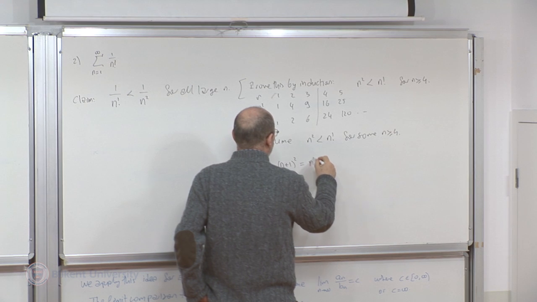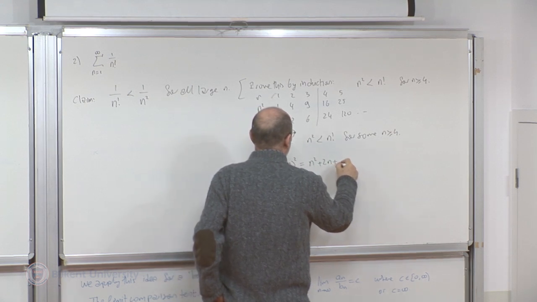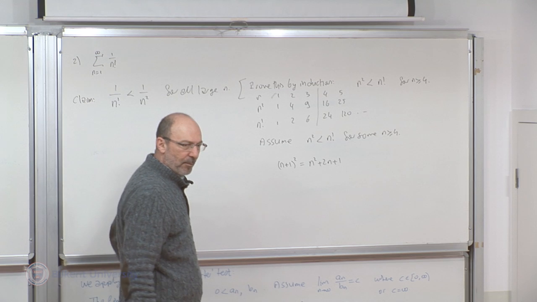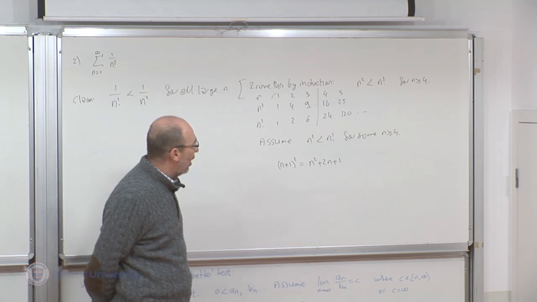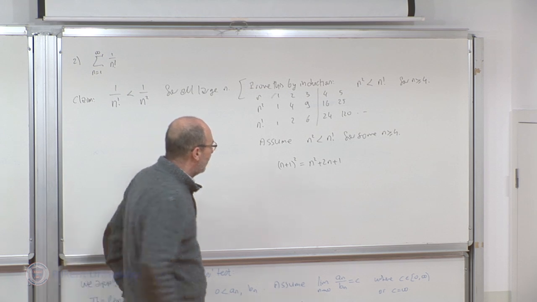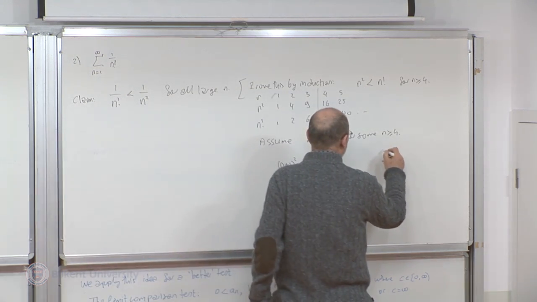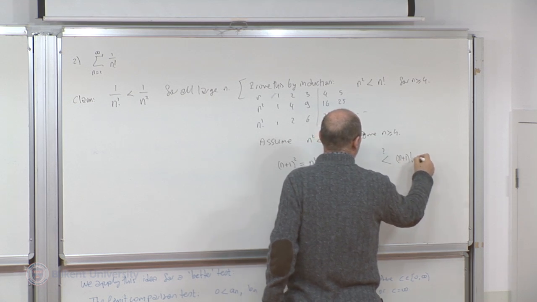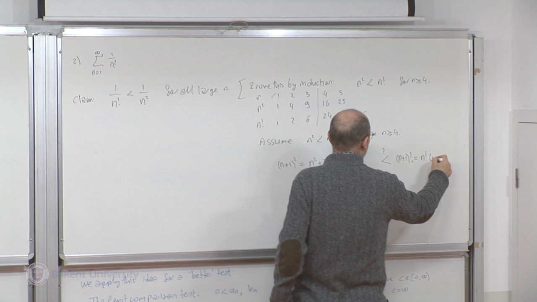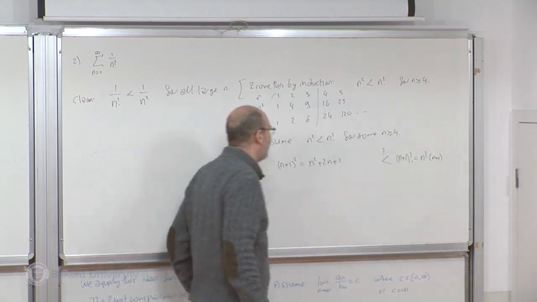This is n squared plus 2n plus 1. So you do the proof. How will I prove that this is less than, eventually, (n plus 1) factorial? (n plus 1) factorial is n factorial times (n plus 1).